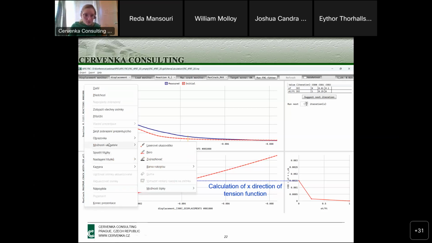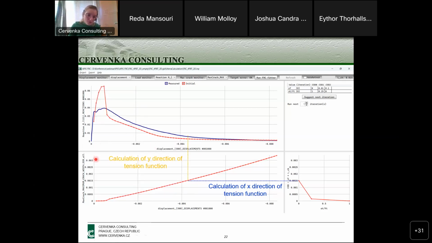So we are starting with the crack width. You can see that on this diagram, the crack width corresponds to the crack width on this diagram, the same scale, the same values. And basically those two are interconnected then.